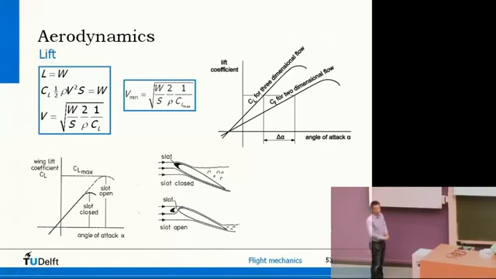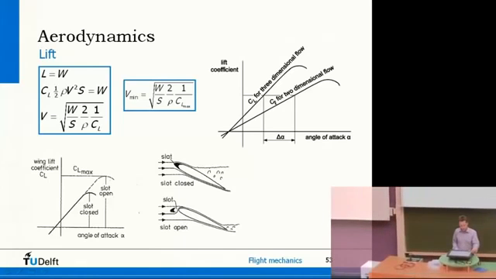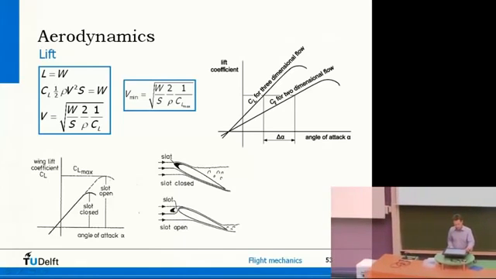And we can also say that if you look at the lift equation, which must be the same as the weight to stay at a certain altitude, then we can also describe the equation for the airspeed. So you take out the airspeed, and then you get an airspeed equation, which depends on a couple of factors: aircraft weight, wing surface area, air density, and lift coefficient.